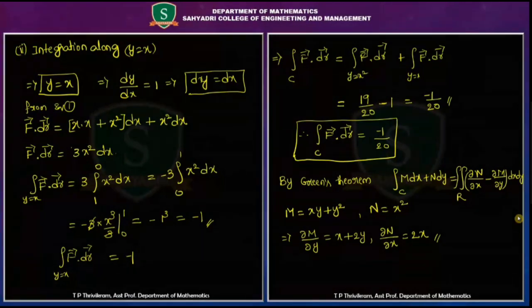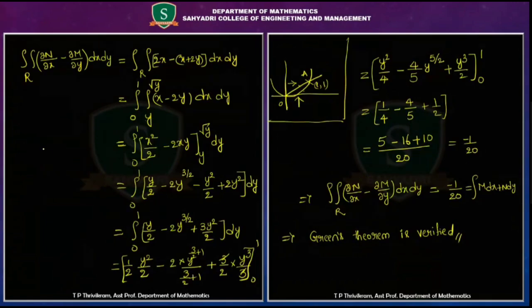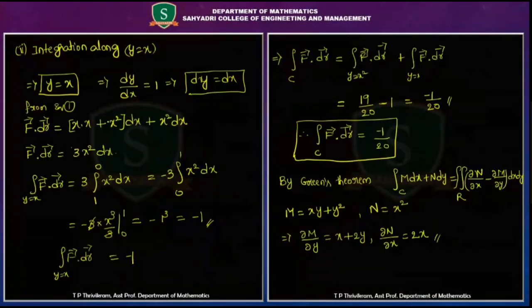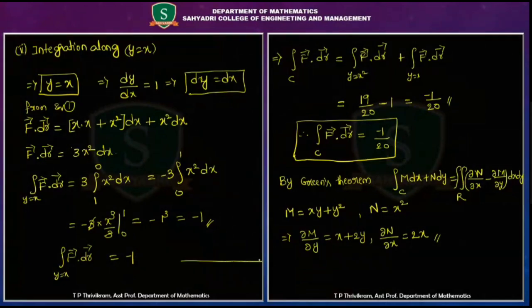So 1 to 0 means here, if you observe this diagram, here only I'll explain. This is y equal to x square and this is y equal to x. First integral where we found, origin to a point A. So that means in this direction you have taken.